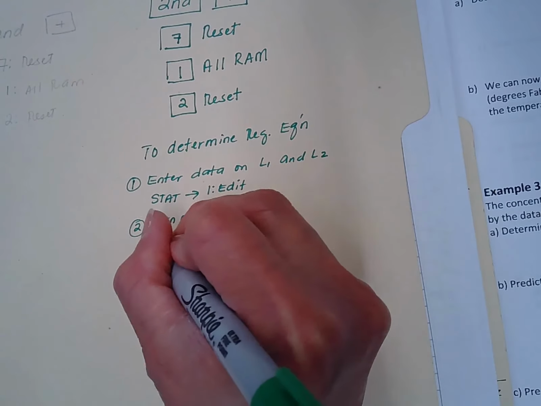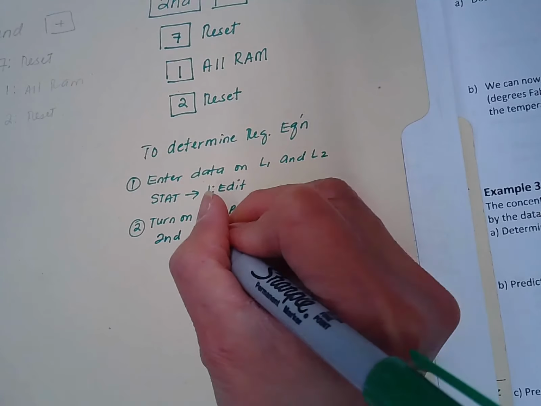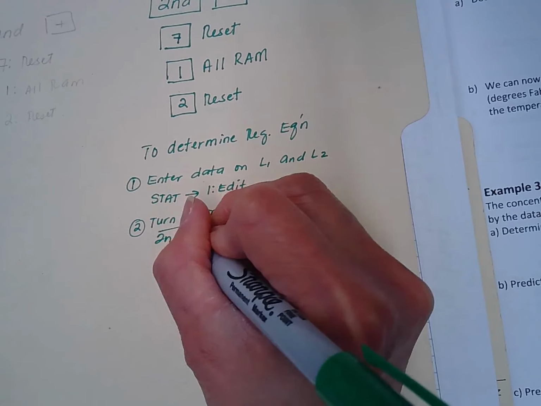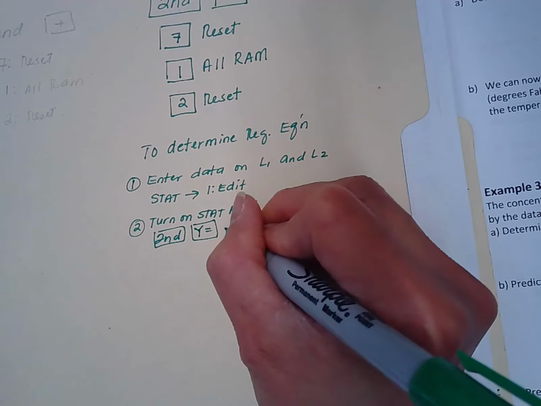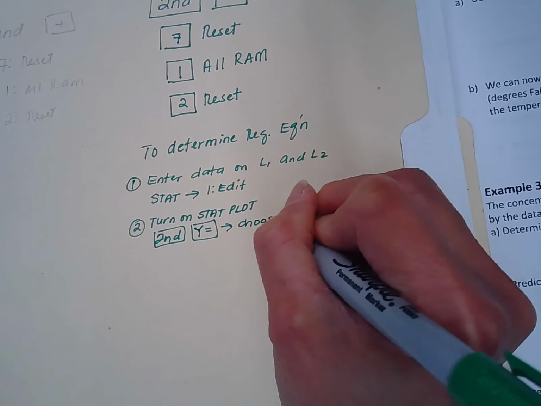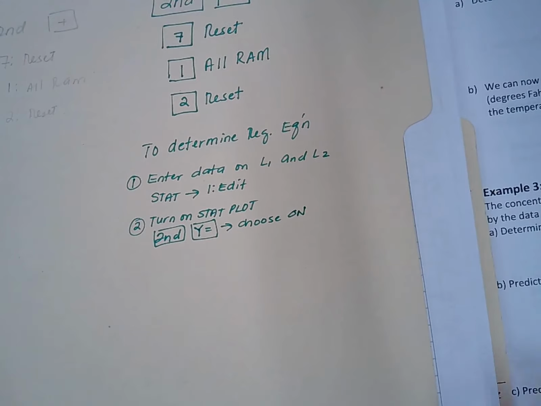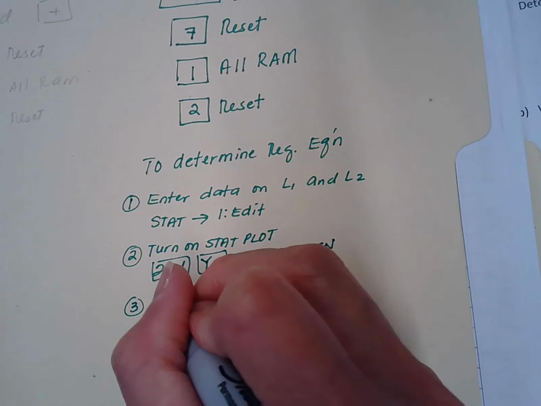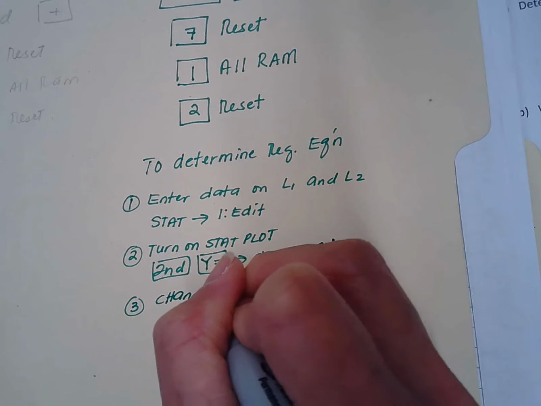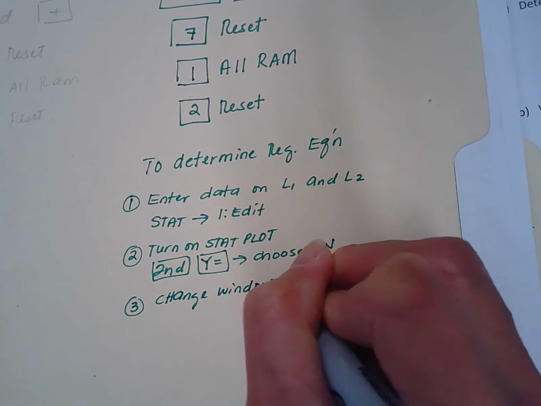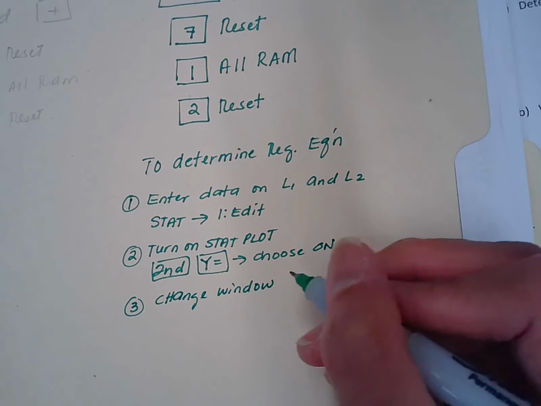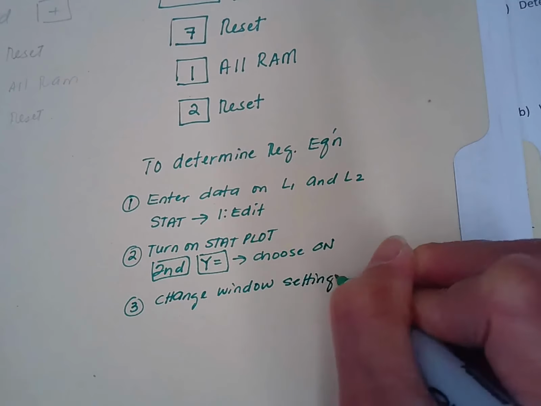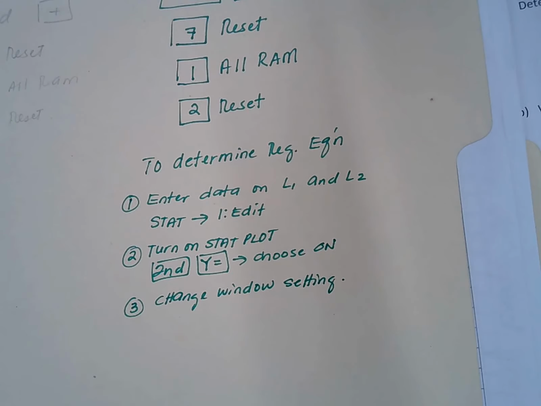We press second function, y equals, and then choose on. Third, change the Windows setting.